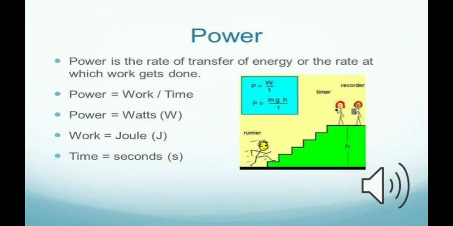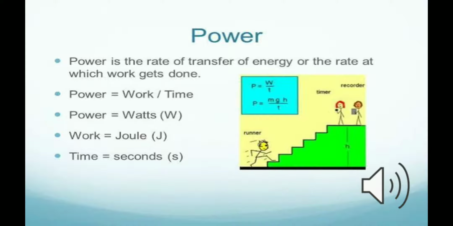Okay. Now we can see here, this man is running upstairs. Now, he is doing work. In what way? mgh. Force is in the form of mg, that is mass into acceleration due to gravity, and he is moving upstairs, so displacement is in terms of height.